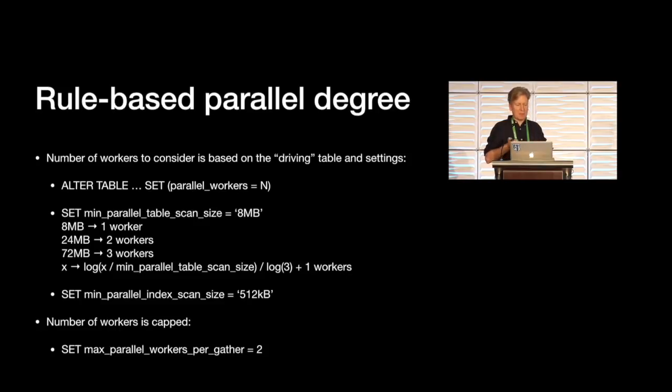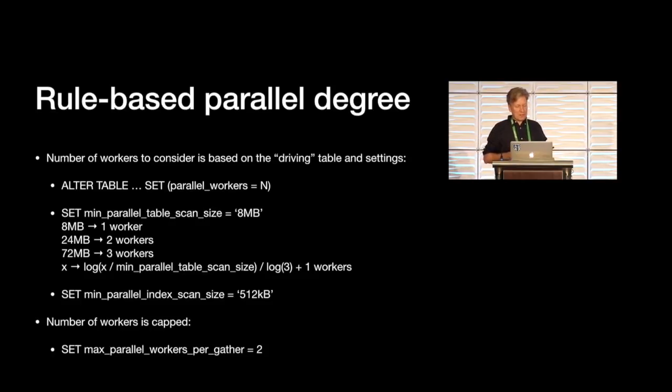It defaults to 8 megabytes for table scans. Each time the size of the table that's going to be scanned gets 3 times bigger, we add a worker. So that's the formula there you can see. The basic idea is to use more workers for really big tables. We could probably do better than that. That's a starting point. You can also control it explicitly if you find that the result is no good for your use case.